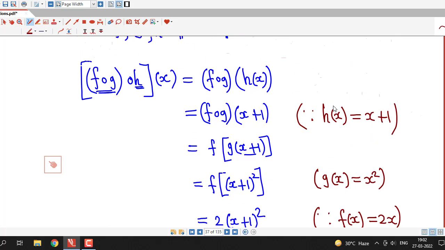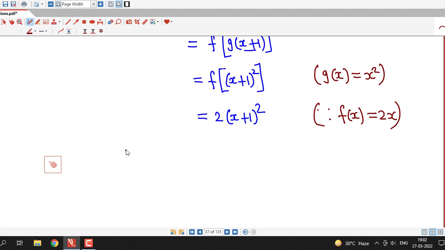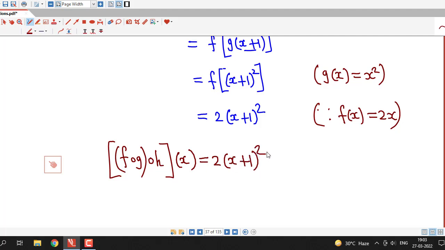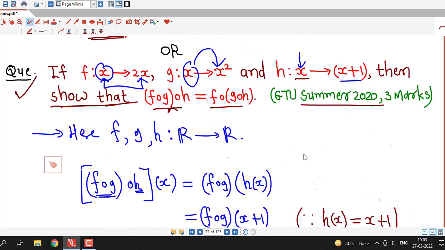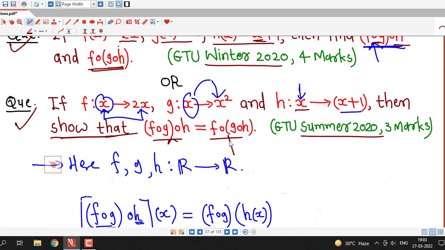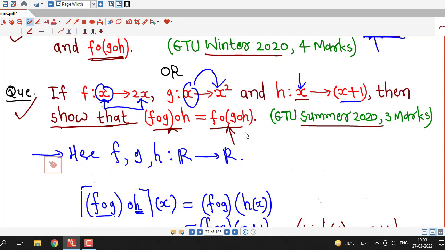So this is f composite g composite h at any point x, and it is equal to 2 times square of x plus 1, and we give this number 1.